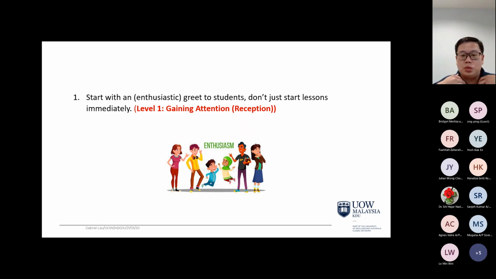So we should show our enthusiasm to the students itself, so that it comes out with a good start to our lesson in our online lesson and so on. If you look at what Gagne says is reception. The reception is important, which is gaining attention. How we want to gain the attention. So this is very similar to what we should do. Gain attention of the students.